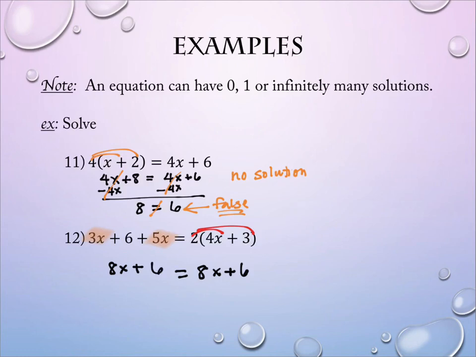Okay. They're exactly the same. And if I didn't recognize it immediately and I tried to do the same thing that I had done on the last problem, and I subtracted 8x, I would end up with a statement that's actually what this time? True. This statement's true. When that happens, it means there's infinitely many solutions.